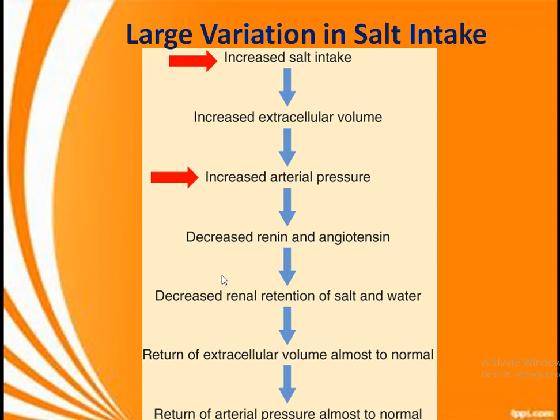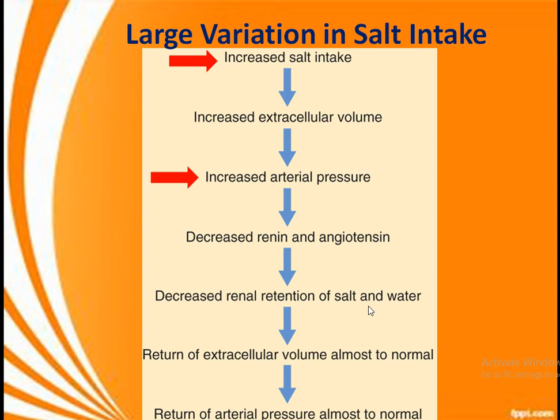So there is decrease in renal retention of salt and water, because this is carried out through angiotensin 2. Once the renin-angiotensin mechanism is not activated, obviously there is decrease in the renal retention of the salt and water.